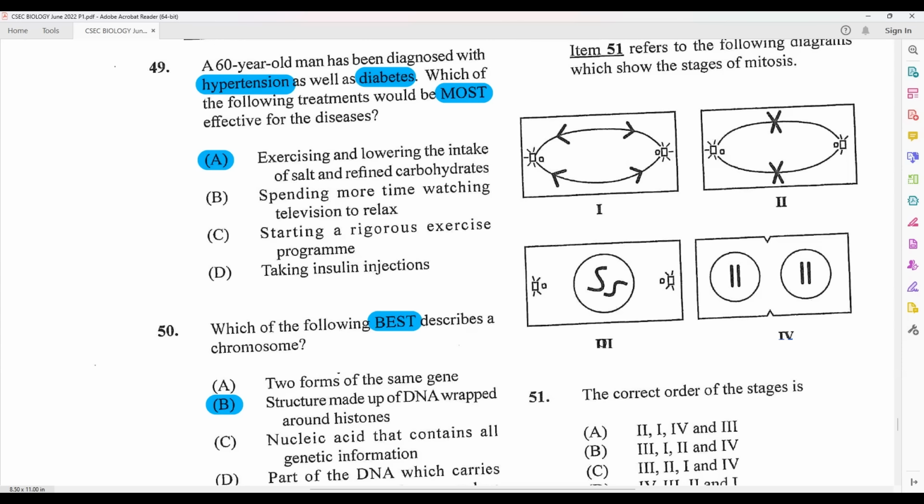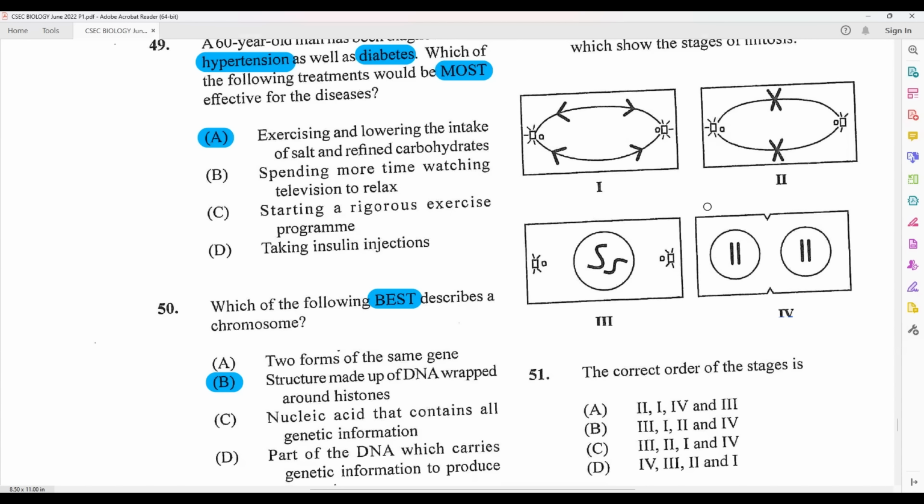So if 3 is the first one, 4 will be the end. And the middle will be 3. We have the chromosomes line up, which means 2. And then the chromosomes are pulled apart, going to the different poles with spindle fibers pulling them. And then 4 being the end, which makes C the answer.